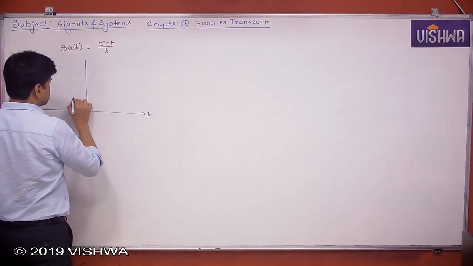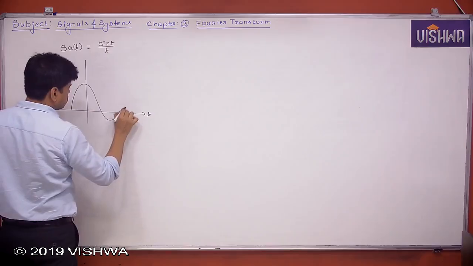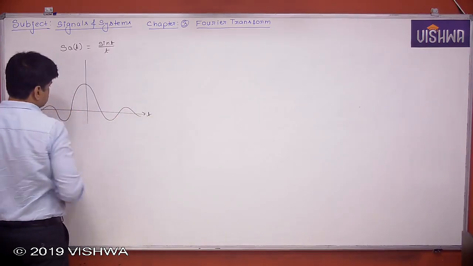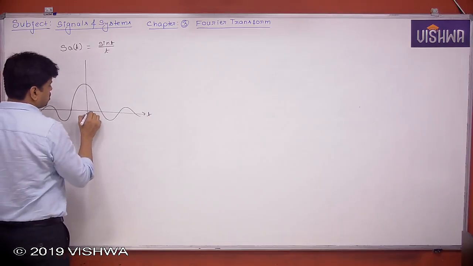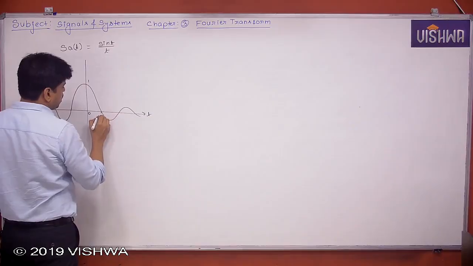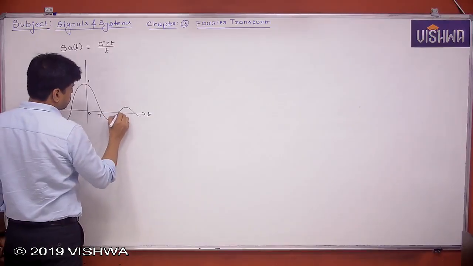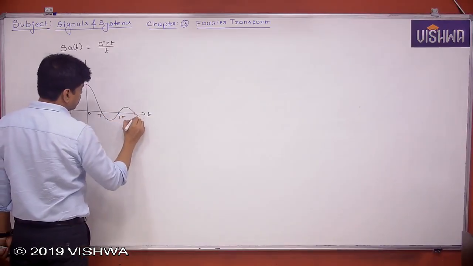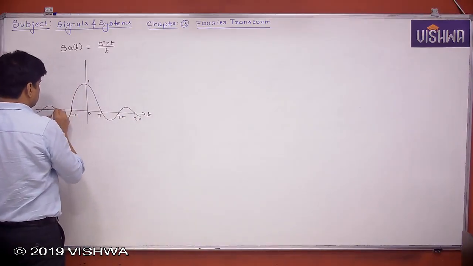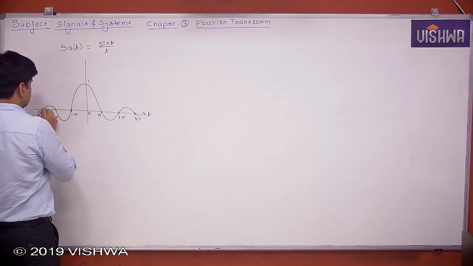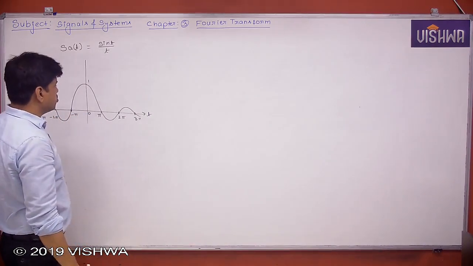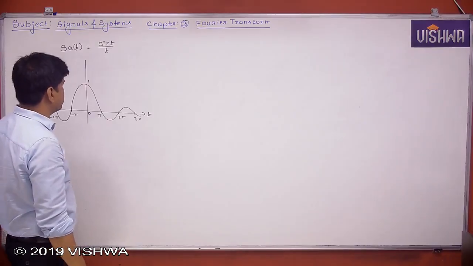It looks like this. At 0 it has the maximum value. Next at pi, 2 pi, 3 pi, minus pi, minus 2 pi, minus 3 pi, like that, the values are going to be 0. This is the sampling function.